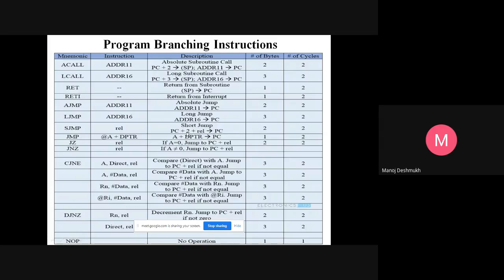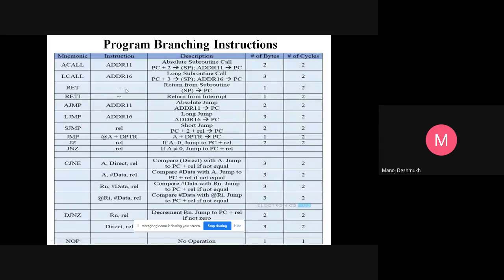After that, the last part is program branching instructions. In the case of program branching instructions, branching means shifting the PC, that is the program counter, to a required or desired memory location, as mentioned under the label.